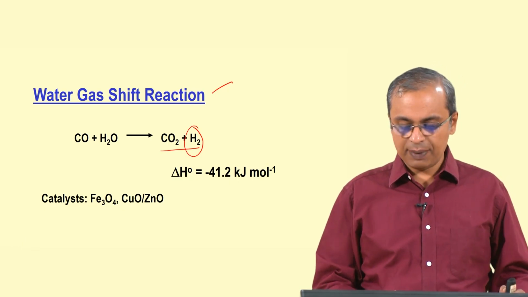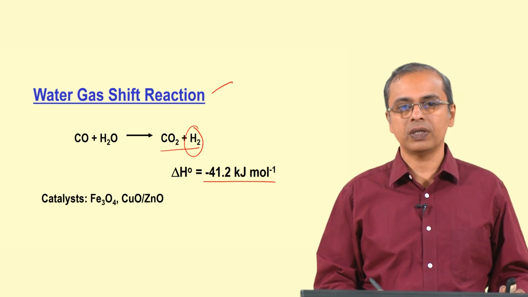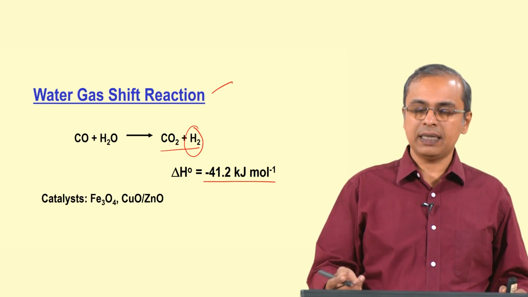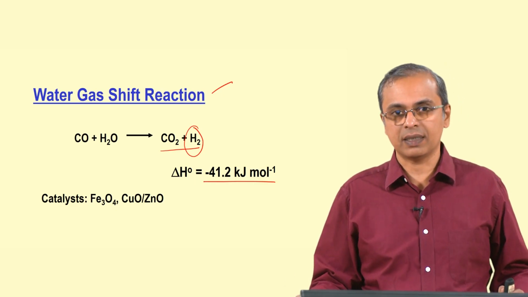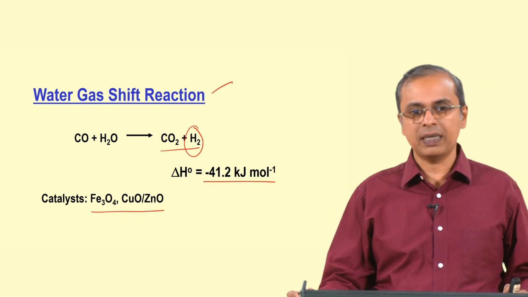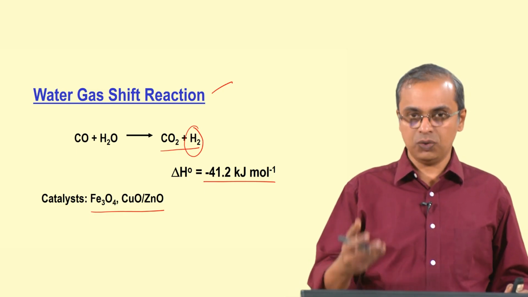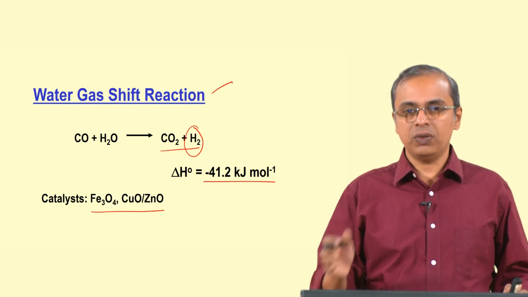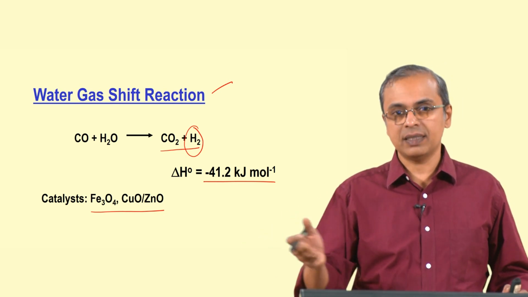It is also slightly exothermic, so without having to put in energy you can get this process running, though it does require a catalyst, typically Fe3O4, copper oxide, zinc oxide, etc. You take steam, you take water, you get them to react, and you get hydrogen and carbon dioxide.